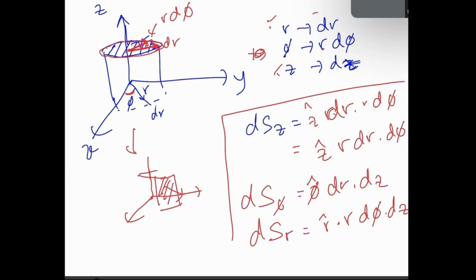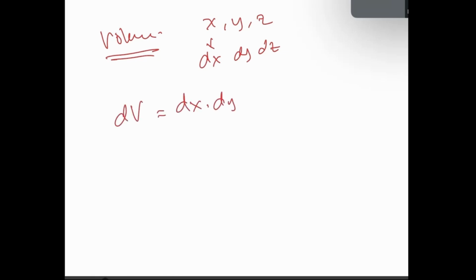Next is volume. Volume is very easy because for Cartesian we have x, y, and z. So dx, dy and dz. So the differential volume is equal to dx times dy times dz.